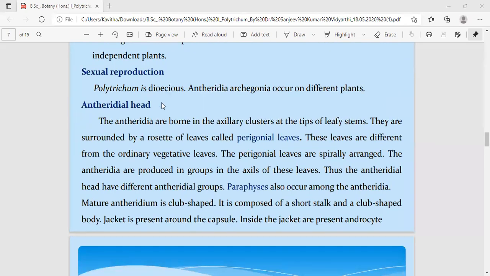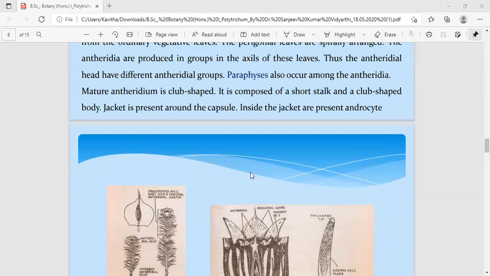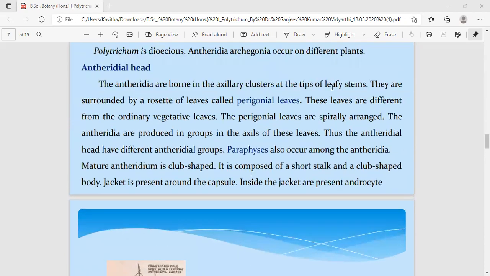In the male plant, the antheridia are developed in a cluster of apical leaves, which are called perigonial leaves.